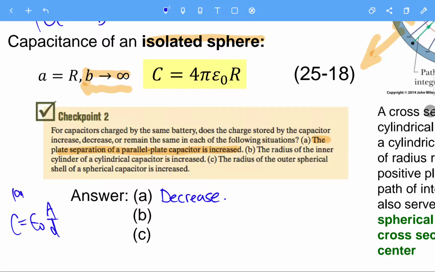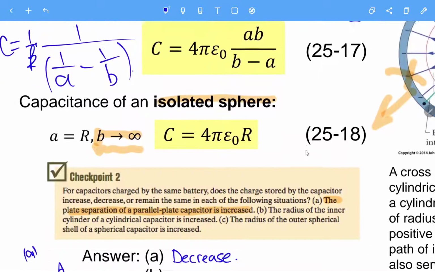Okay, this is for part A, and then for part B, the radius of the inner cylinder of a cylindrical capacitor is increased.